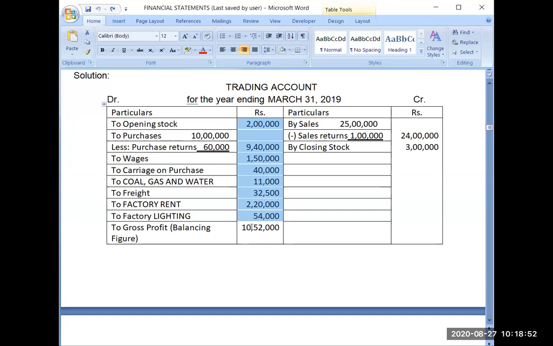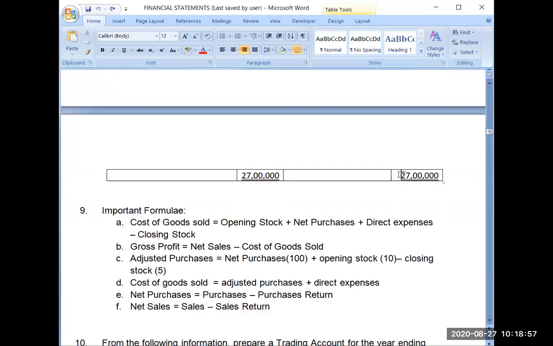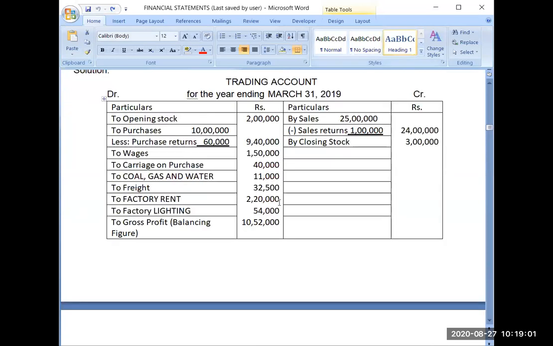So how did I get this gross profit? Can I say that from this 27 lakh I have subtracted all these amounts, meaning from income I have deducted my expenses, then I got the gross profit. In a simple sense, when my income is greater than my expense, only then will I get a profit.